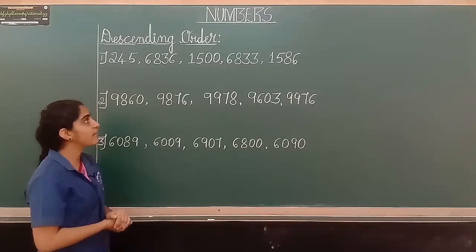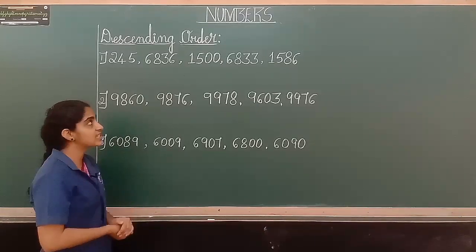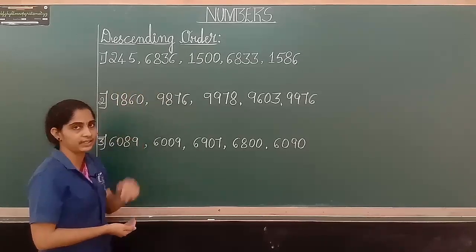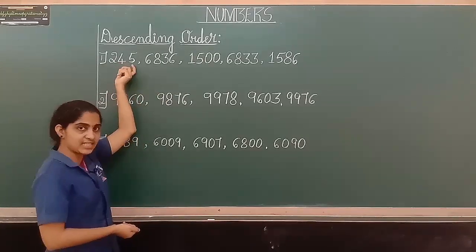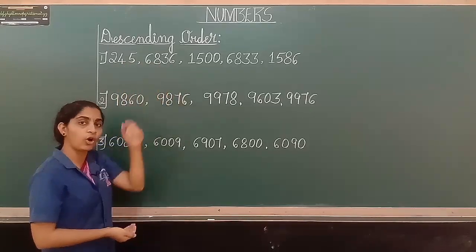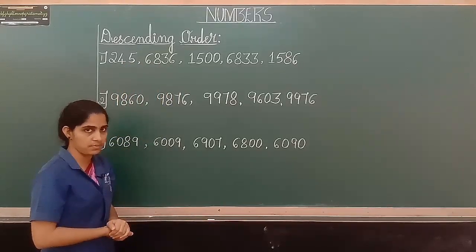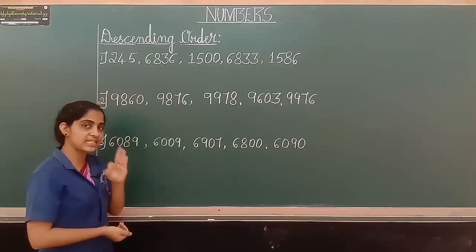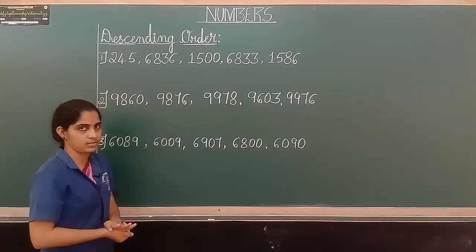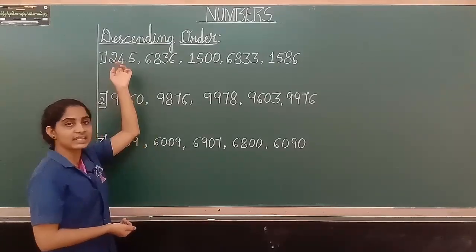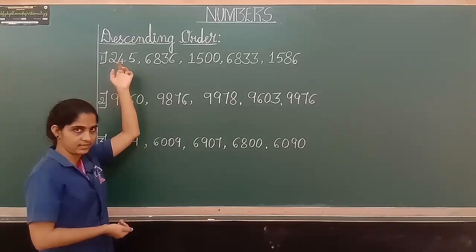That means we have to identify which is the greater number here. You know that this is a 3-digit number and the remaining are all 4-digit numbers, right? And you know that a 3-digit number is smaller than 4-digit numbers. So, the 3-digit number we cannot write first, correct?